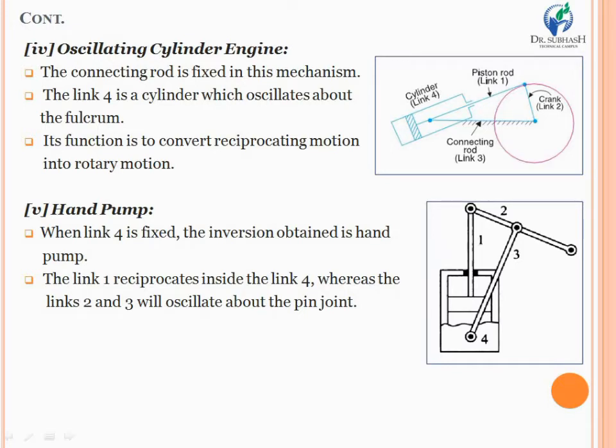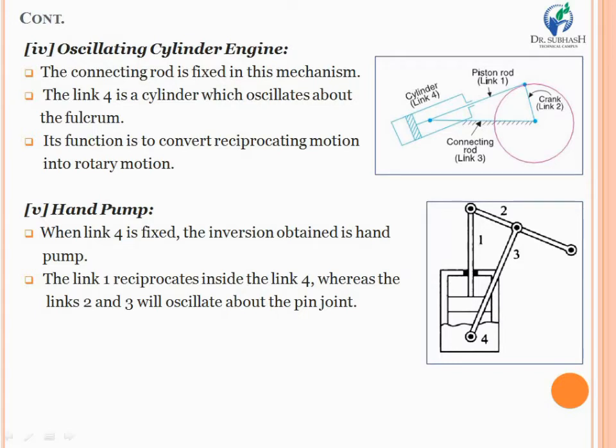And a similar kind of mechanism that you are looking at is the hand pump. In case of the hand pump, there are basically 4 links, so we can say it is also a 4-bar chain mechanism, but the fixation of the link is changed. In case of the hand pump, link number 4 will be fixed, and whatever inversion or mechanism we get is known as the hand pump.